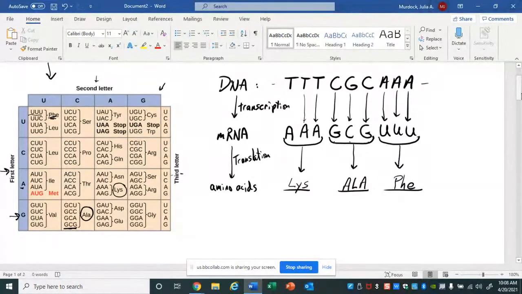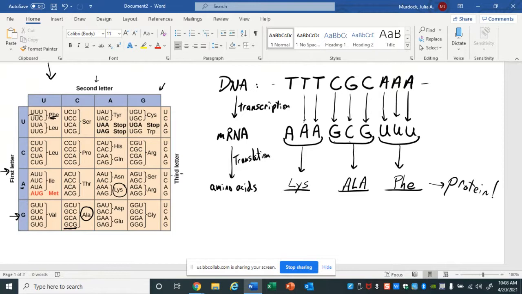So there's your amino acids, and there really aren't any proteins that are only made of 3 amino acids. It's going to be hundreds of them, but there's a small chain of amino acids which becomes a protein eventually. If you keep going with this, you'll have lots of amino acids in a string, and that becomes a protein.